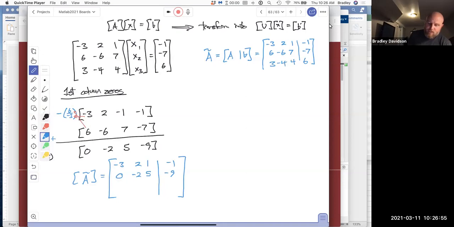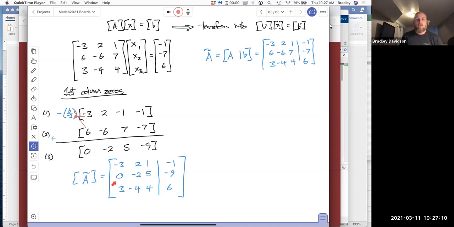All right, so then we haven't done anything at all for our third row, so we just keep it the same. So which is 3, -4, 4, and 6. Okay, so what we've done in that single step is that we've put a 0 where we want the 0. And so then we're going to finish out this first column.